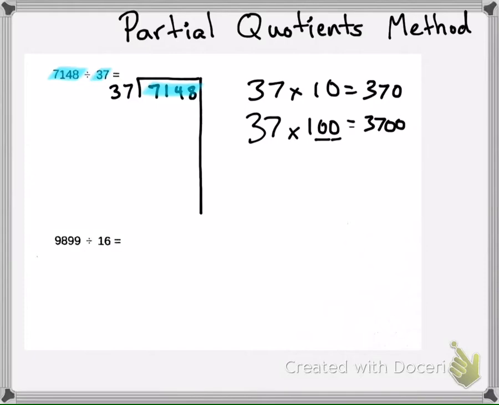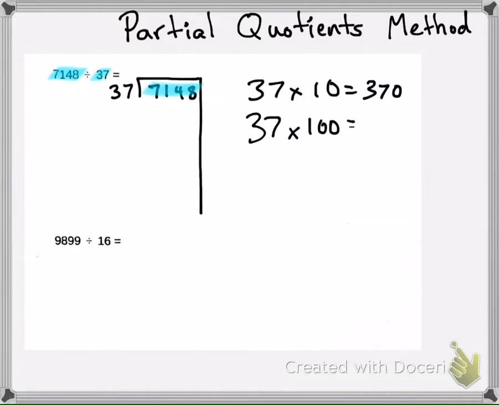So it's really 3,700. And you can do that with any multiple of 10, like 1,000 or 10,000 or even 1,000,000 if you want to. So that would just be 37 with 3 zeros behind it, because 1,000 has 3 zeros. So it would be 37,000, right? All right, so you understand all that, I hope.